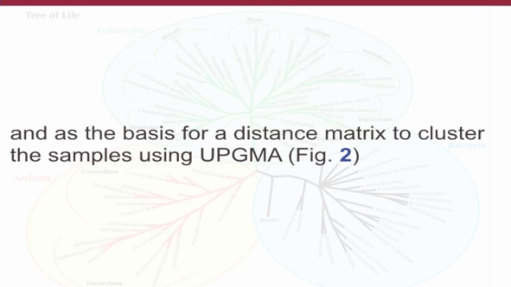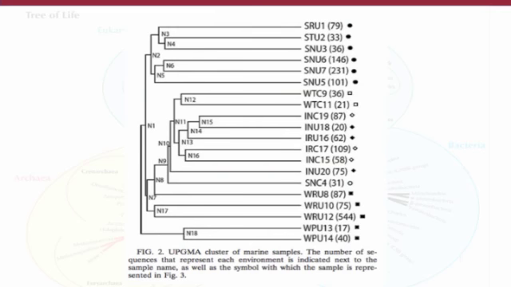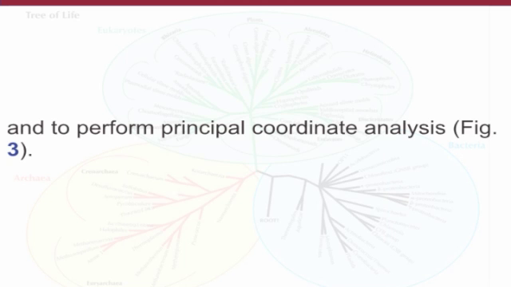And then they use those distances to build a cluster diagram of the samples. Here's your cluster diagram of the samples, just like they did in that model. And they've added a little tag for what the samples represent.